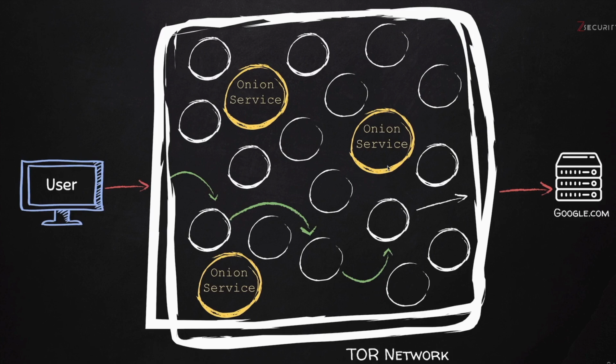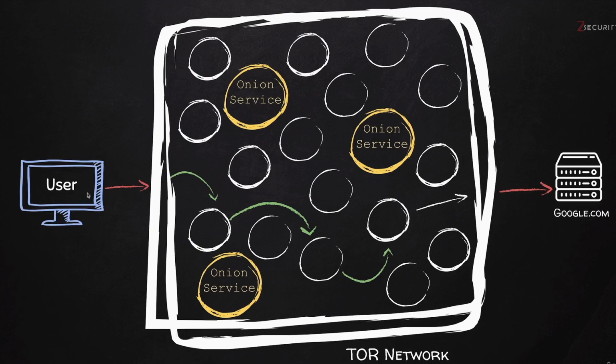So these are similar to normal websites that you see on the internet, but they exist within the Tor network. They also use a really smart protocol developed by Tor, which is designed to hide the identity of the server offering the service and the client trying to access the service.